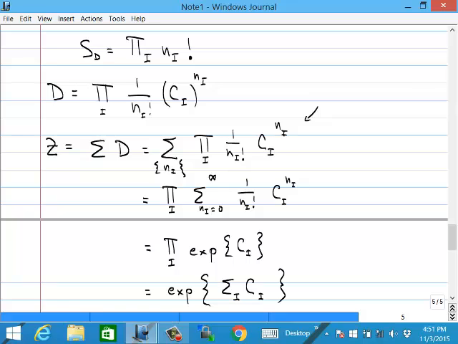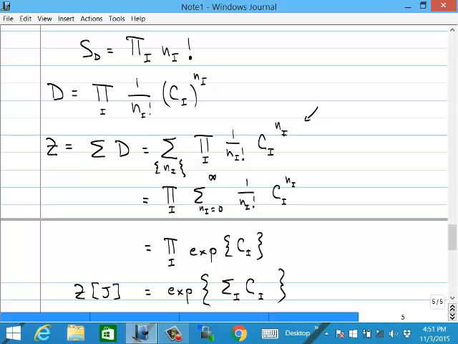I mean, it's worth staring at that statement for a second. The full partition function, Z of J, is a sum of all diagrams, not just connected diagrams. But every diagram is a product of a bunch of connected diagrams. And there's a very simple way of restating that statement.